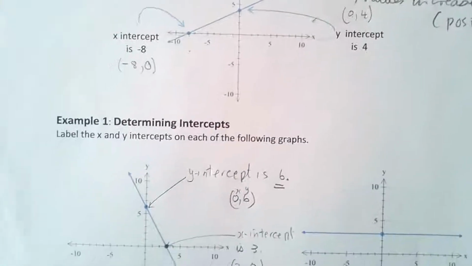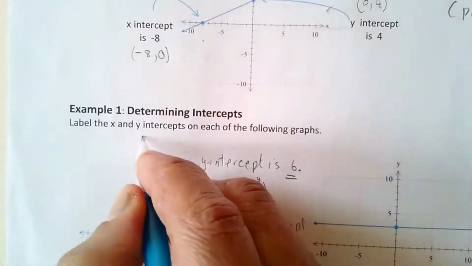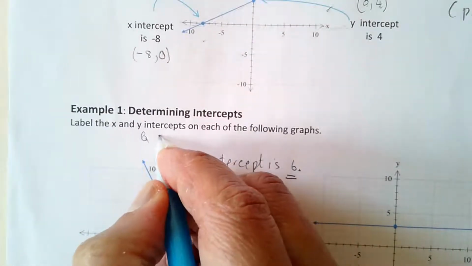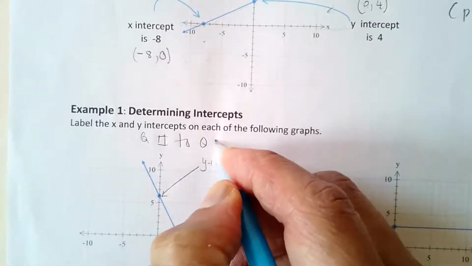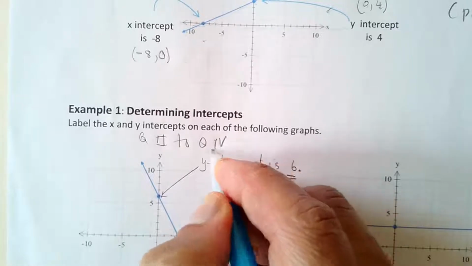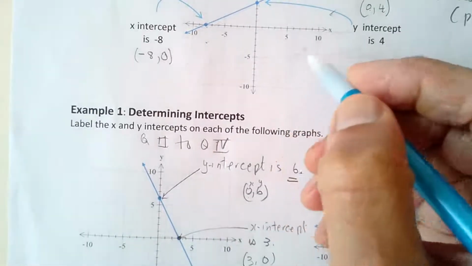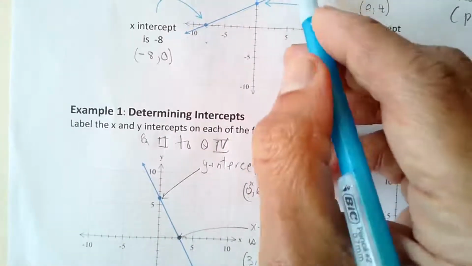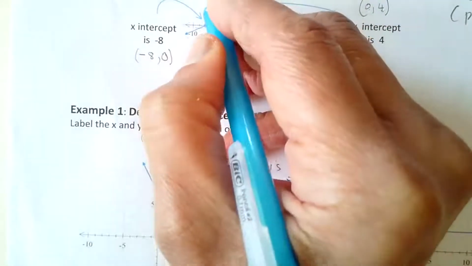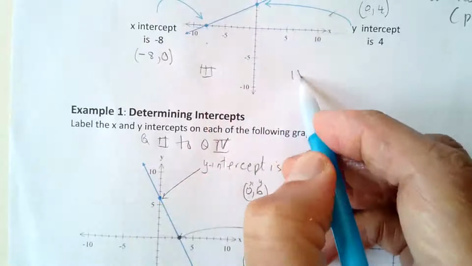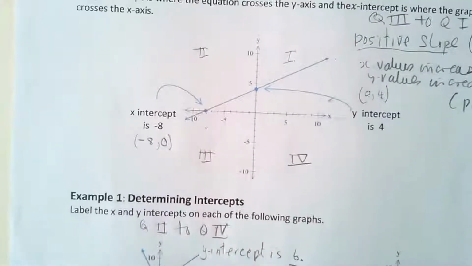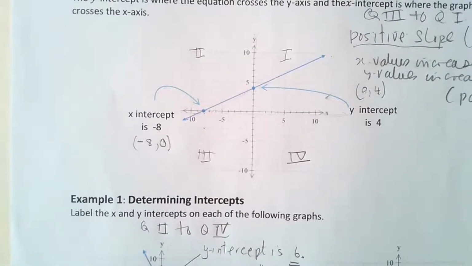A negative slope will go from quadrant 2 to quadrant 4. Remember, your quadrants are listed from 1, 2, 3, 4.